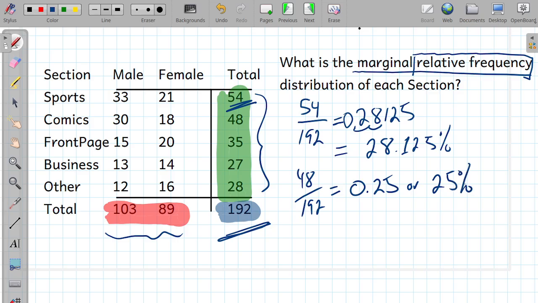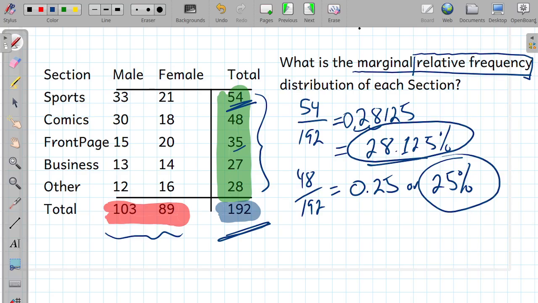And this goes on. Now we want to check our work, and we do this for all five sections. The percentages better add up to 100% or we've made a mistake. We're already at 53.125% with just those two sections.